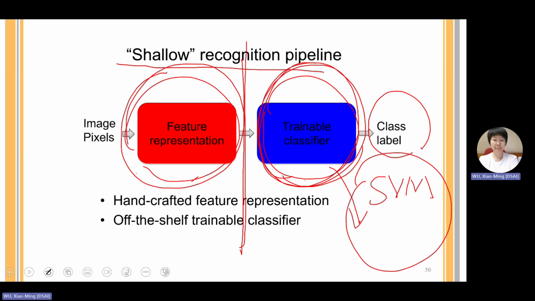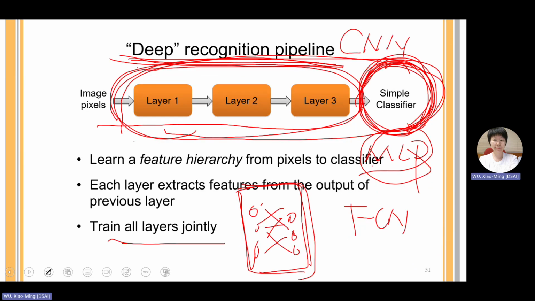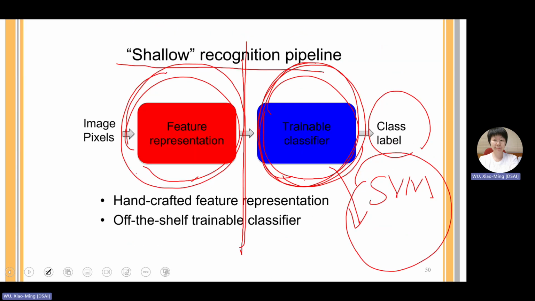Another key difference is the difference between deep and shallow. In the shallow pipeline, feature representation is usually obtained by one step, for example, running the SIFT detector.